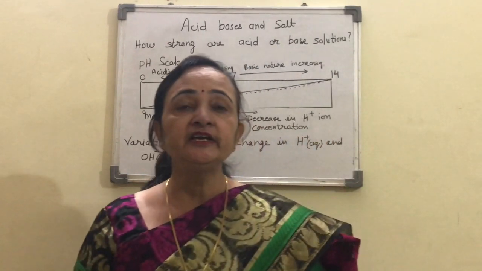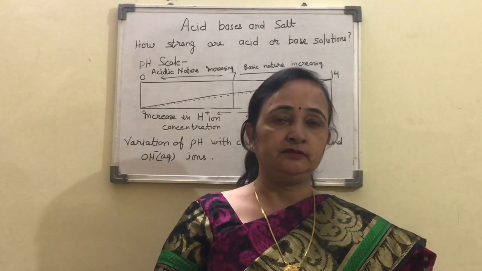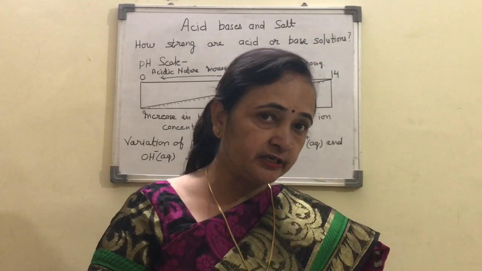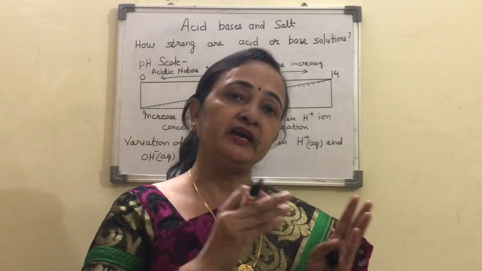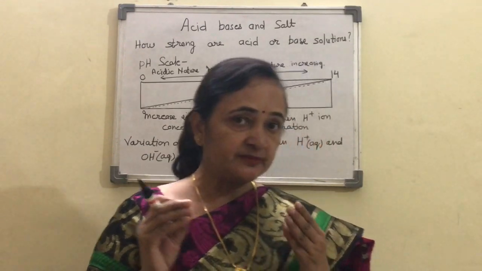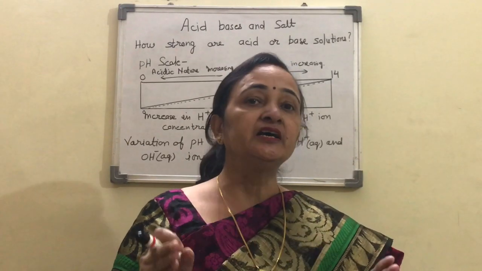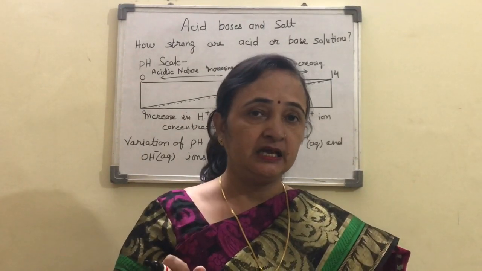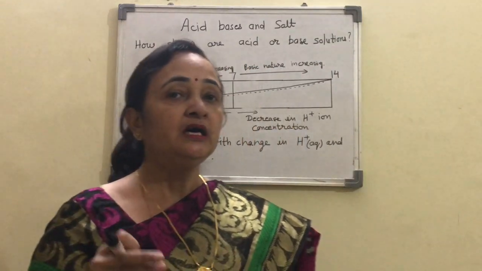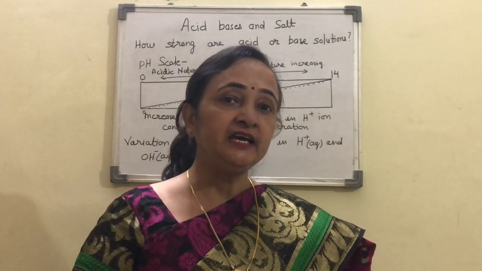This universal indicator is prepared by mixing several indicators together. With its help, we can find how strong an acid or a base is. The special thing about this indicator is that it shows different colors for different acids and different colors for different bases.